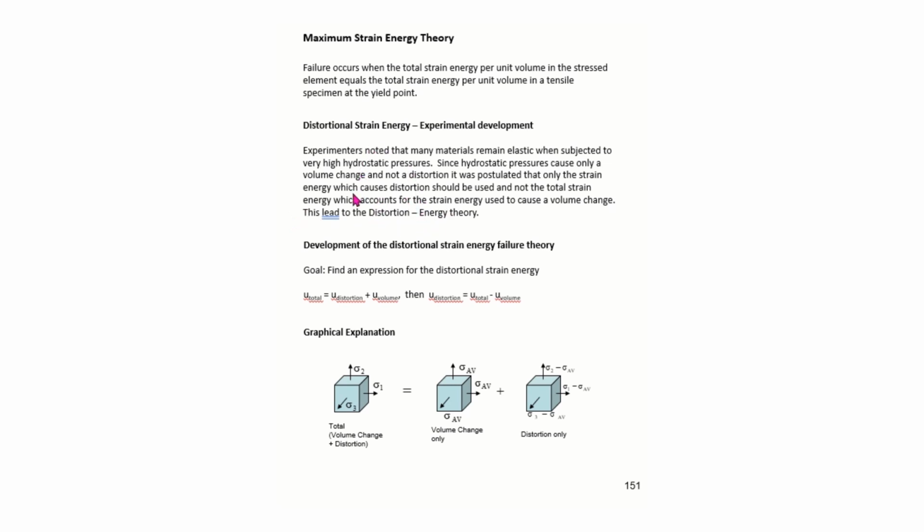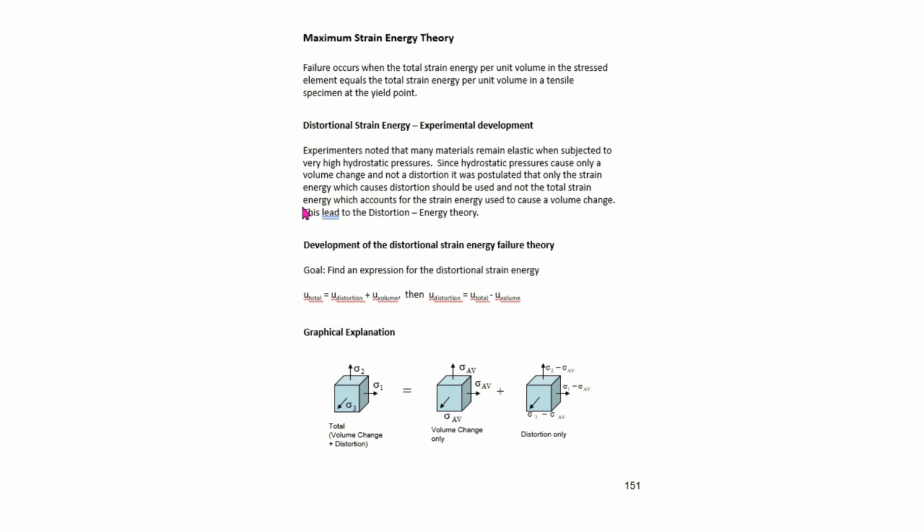To say this in other words, what people found is that if you take a body and subject it to equal pressure all the way around, so it has equal force on it in all directions, the volume will certainly decrease in size, but it will not distort. It will have a uniform volume change.